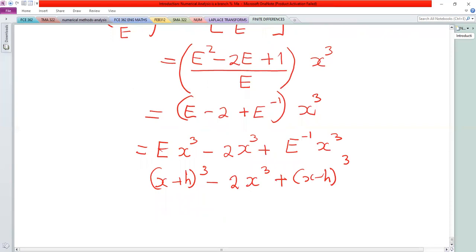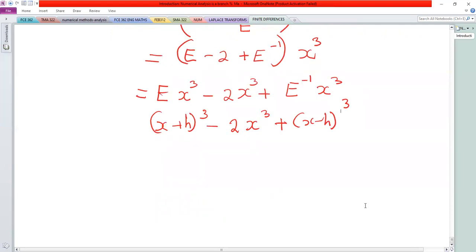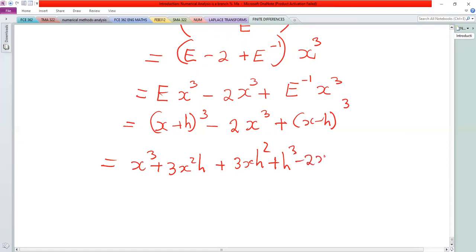And when you work out this, you'll get x power 3 plus 3x squared h plus 3xh squared plus h power 3 minus 2x power 3 plus x power 3 minus 3x squared h plus 3xh squared minus h cubed.